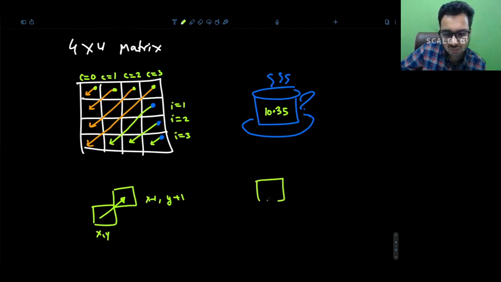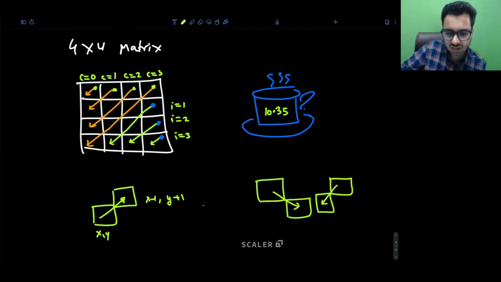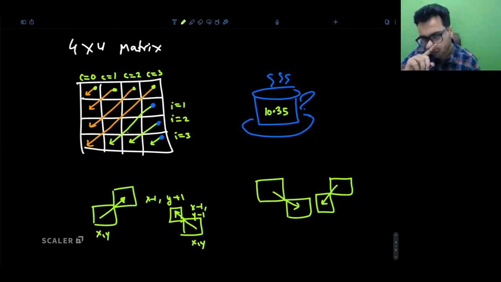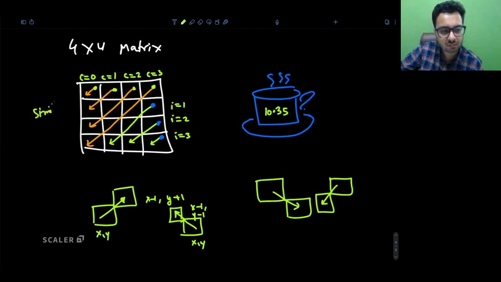And if you want to go in this direction, we have already seen. If you want to go in this direction, we have already seen. And if you want to go in this direction, then from x comma y you are reducing the row number and also reducing the column number. Accordingly you need to put the constraints on the stopping criteria, so that I'm not going beyond the boundaries. It's going to be very similar to this one. Just make sure the updates and the conditions are correct.